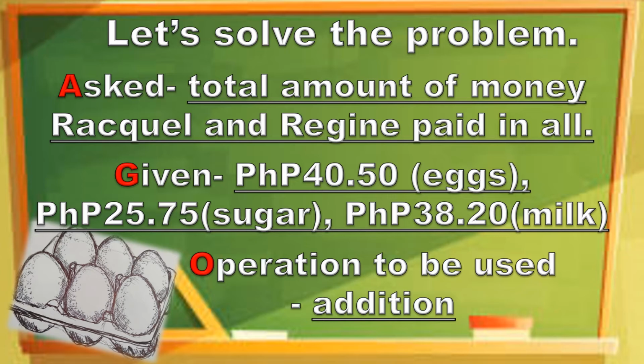Our next is N for the number sentence. To be able to do the number sentence, we have to look at our given and our operation to be used.